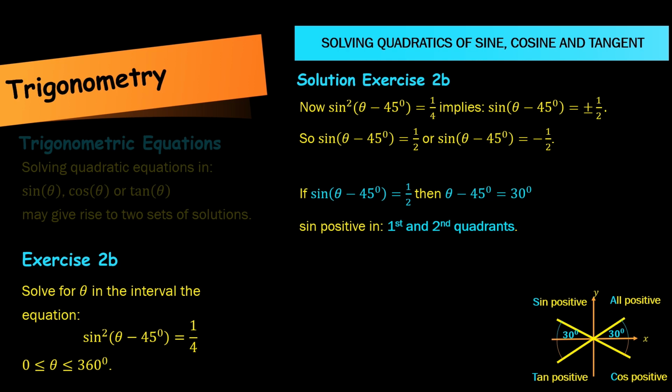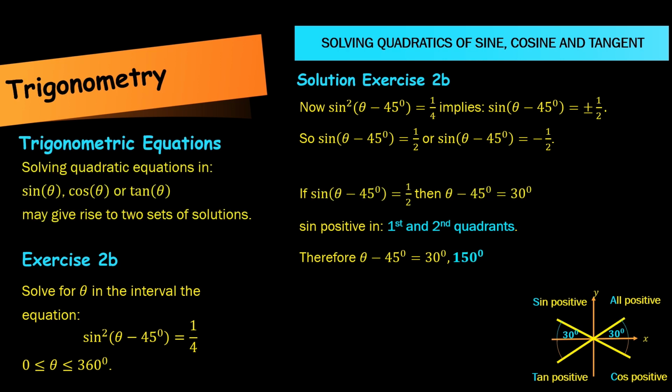But of course in the second quadrant we can't call it 30 degrees. Here's 30 degrees in the first quadrant, and this 30 degrees here is actually 150 degrees in the second quadrant. In other words, 180 minus 30 degrees.